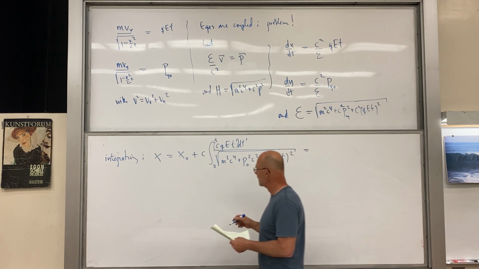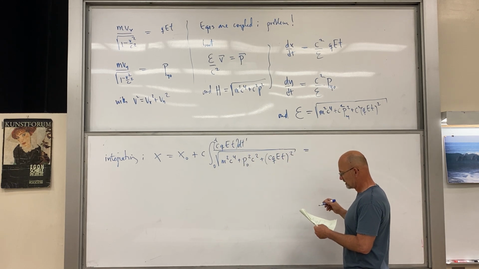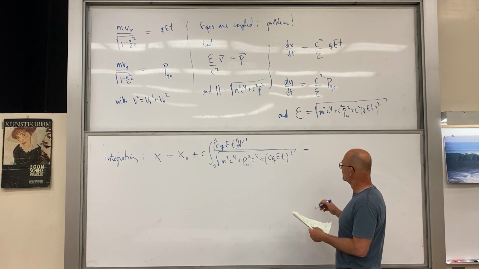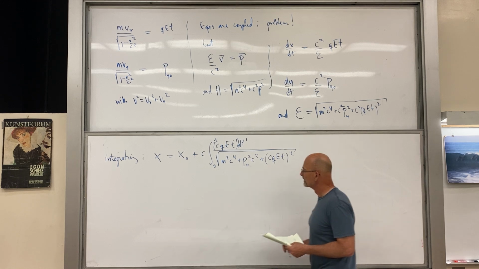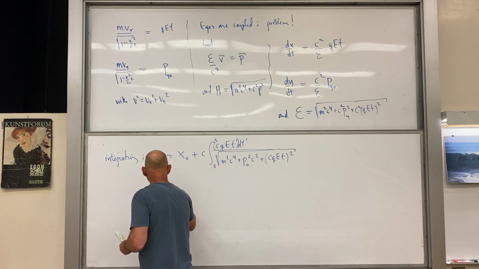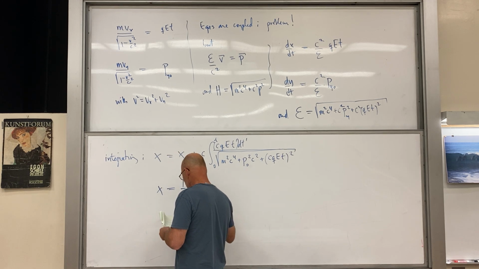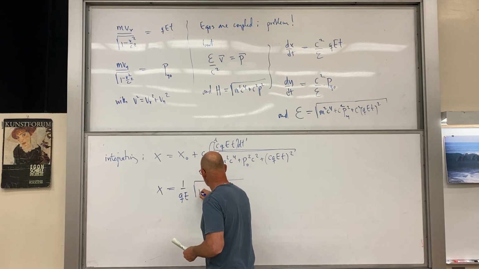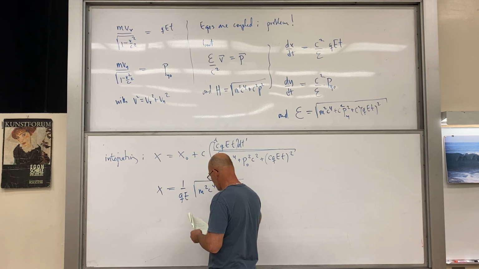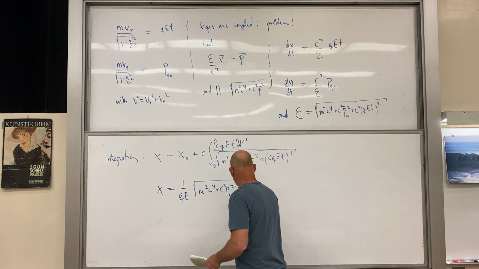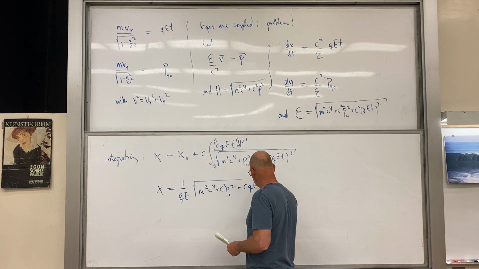Here's what I'm going to do. So 1 over qE times the root of m squared c to the fourth plus c squared p_0 squared. You see I dropped the subscript on the p; I'm just going to call it p_0, plus (cqEt) squared.